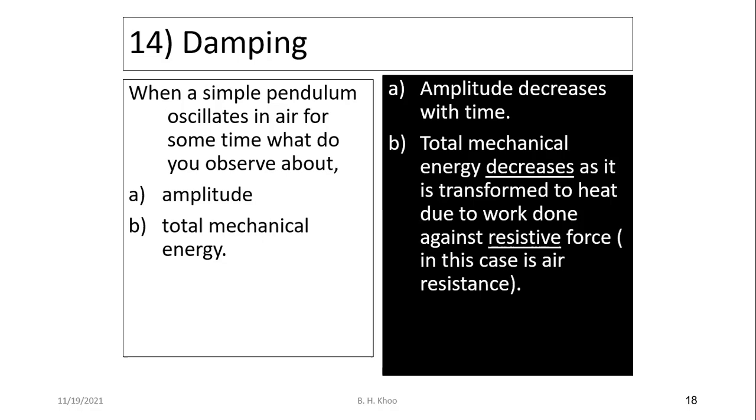The energy is work done against the resistive force, the air resistance, so that's converted to heat. Remember the total mechanical energy is proportional to amplitude squared, so if the amplitude decreases, the total energy also decreases. Important: m and omega squared are constant for the particular system, for the mass you use.